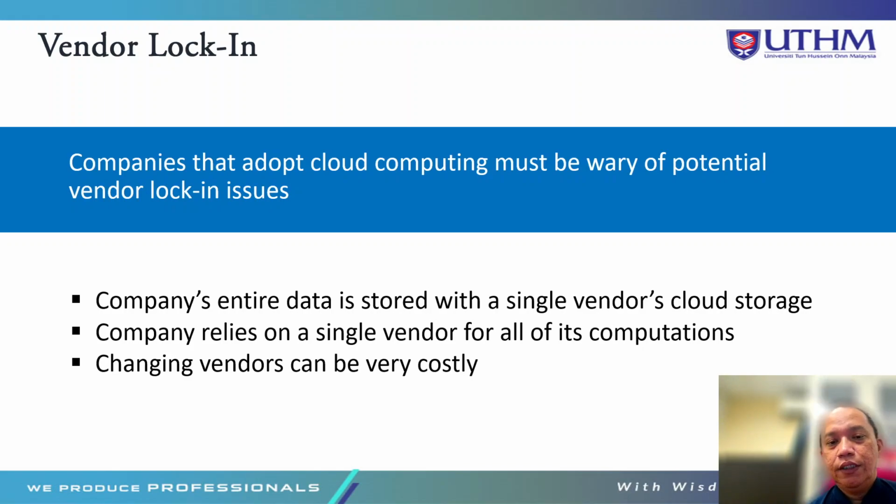This is what you face when using cloud computing for a large company. That is why migration from one vendor to another unlikely happens, but it may happen, because we don't know the future. We cannot predict the future accurately.